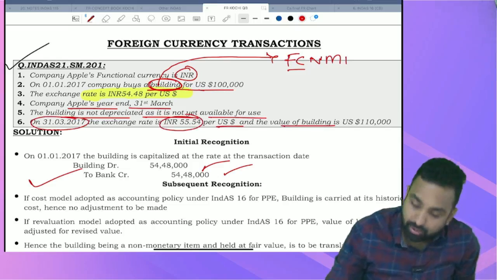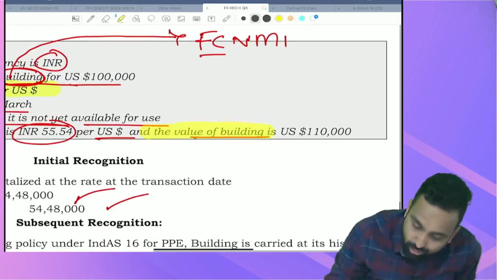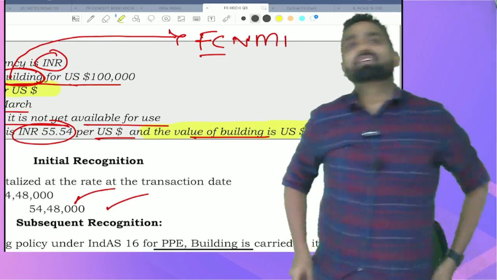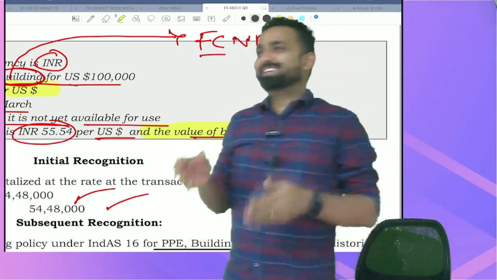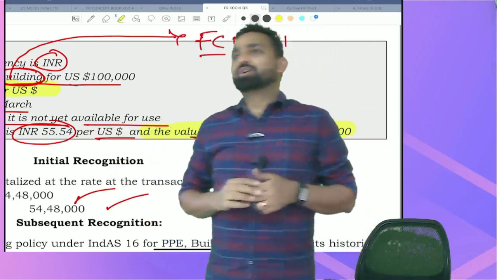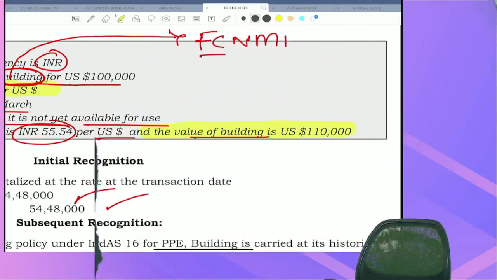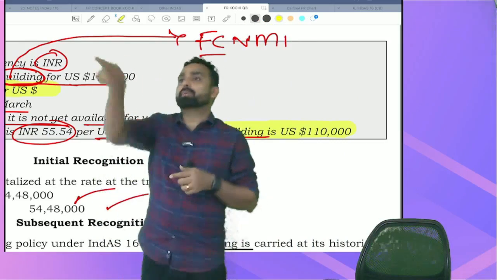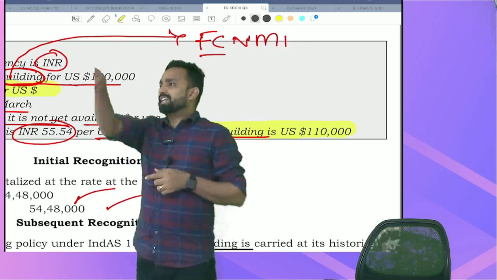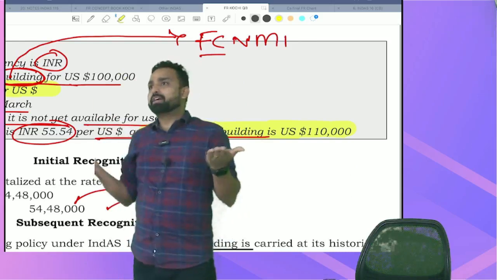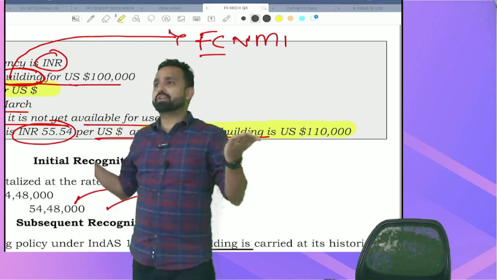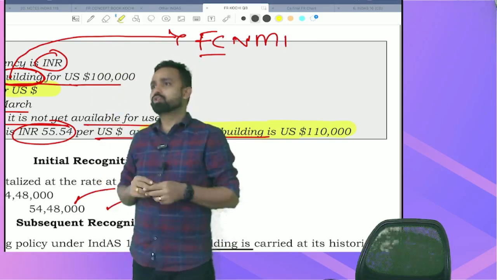They gave the fair value. What is the hint? The building is coming under revaluation. Now tell me, as per the question, you are the building. Which category do you belong to, FCMI or FCNMI? FCNMI. Under FCNMI, who are you, cost or revaluation? Very good, revaluation. So what will you do?